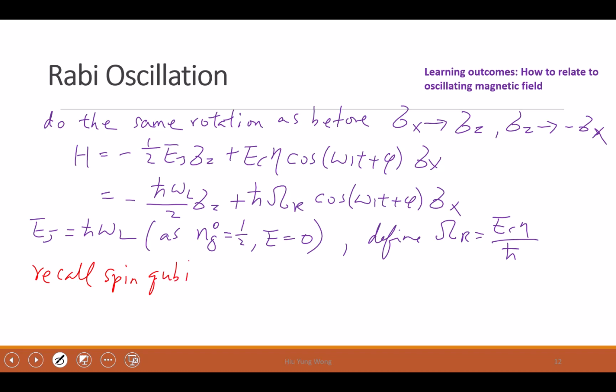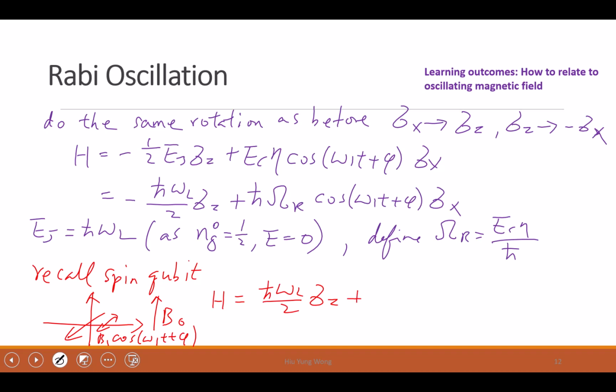What do we know about the Hamiltonian of this system? We have a B0 pointing up. We have a B1 cosine omega 1t plus phi oscillating in x direction. It has a Hamiltonian equal to h bar omega L divided by 2 sigma z plus h bar omega R cosine omega 1t sigma x.